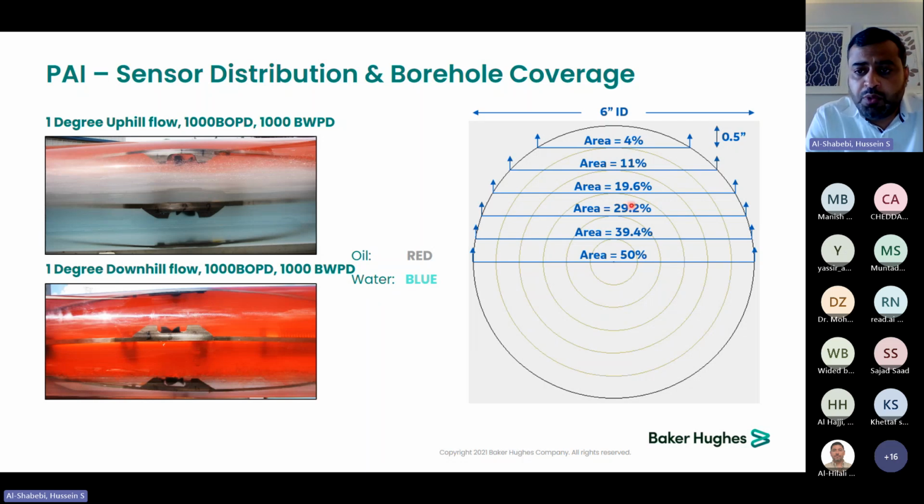And this is also important. For example, let's assume we have a sensor at this depth, which reads 19.6%, then the next sensor at this depth is blinded, for example not working, and the next one is at this depth at the center of the wellbore. So you can see now the error. Usually the software will interpolate between this sensor and this sensor, since the one between is blinded.